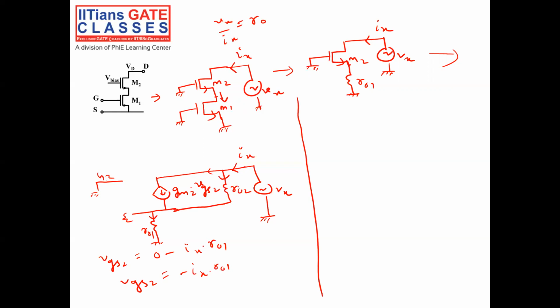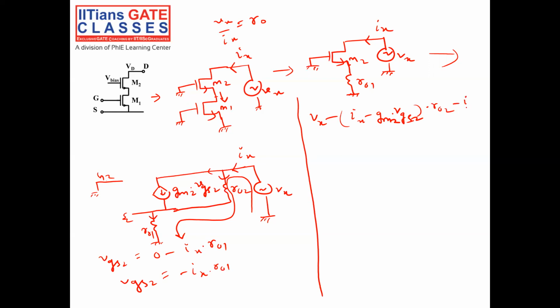Okay. Now we will apply KVL in this loop. If we apply KVL in this loop, what will it be? It will be Vx minus the current in R02 times R02, minus Ix R01, equal to 0. What is the current in R02? Ix is coming, and going is gm2 VGS2. So the current in R02 is Ix minus gm2 into VGS2. Current into resistance is the voltage, R02.